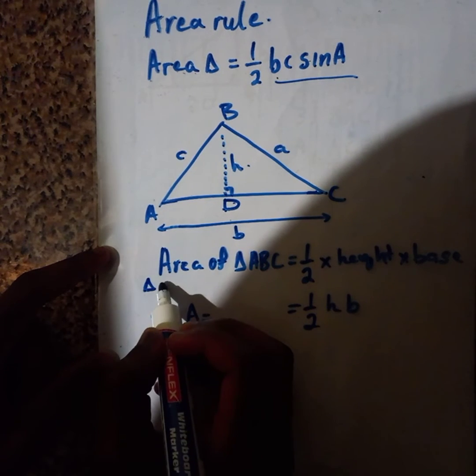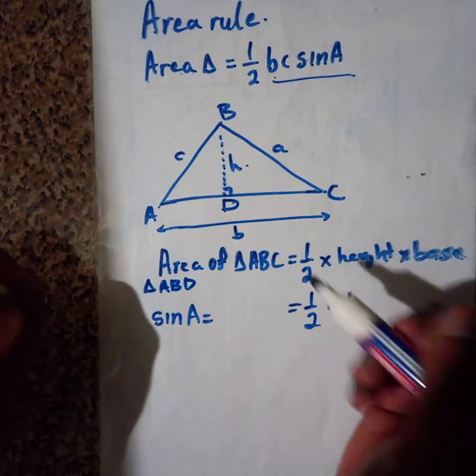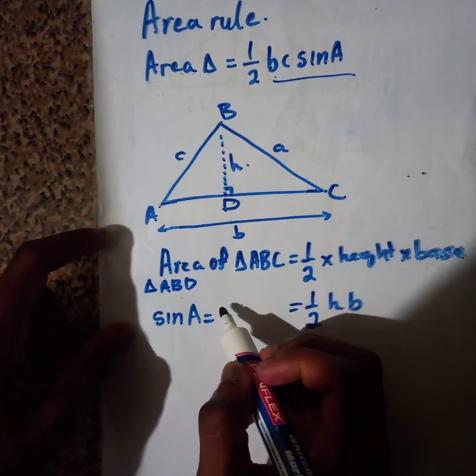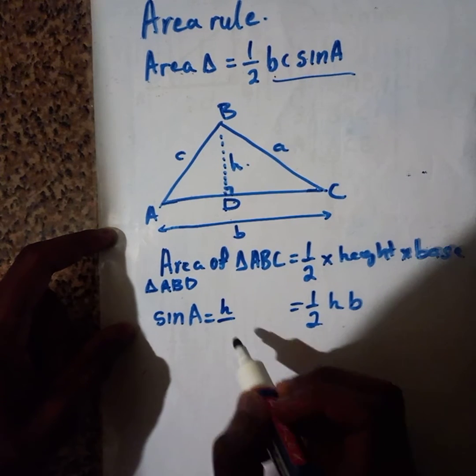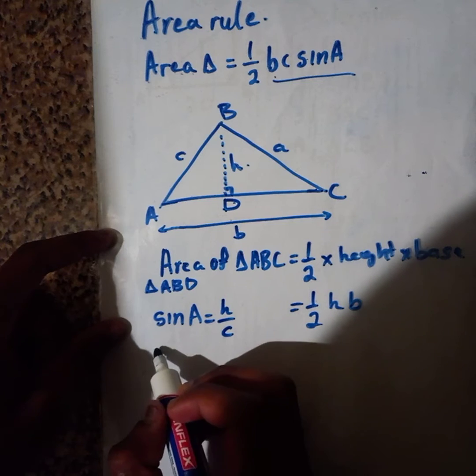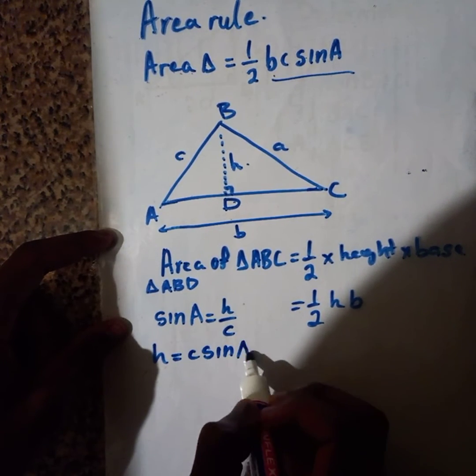Let's say in triangle ABD, our opposite is going to be h, then our hypotenuse is going to be c. We just cross multiply and get h as c sine of A.